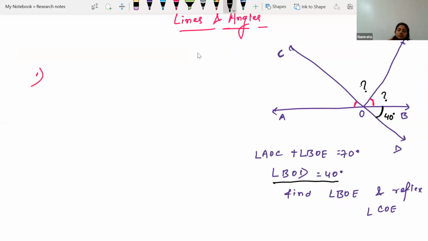Let me write the instruction also over here so that it will make sense to you. So in the figure, AB and CD intersect at O, and these are the information, find BOE and reflex COE. What to do over here?